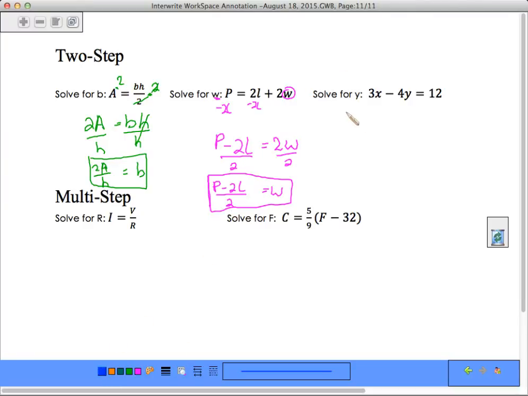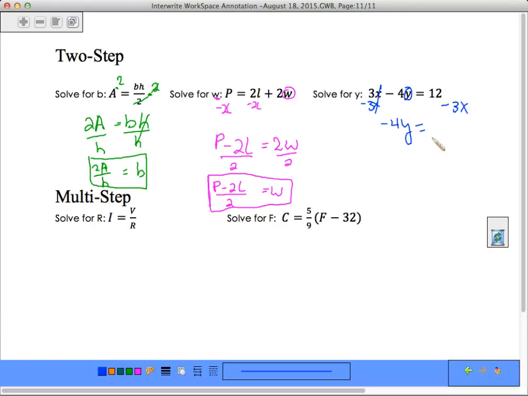All right, one more 2-step equation. We want to solve for y this time. Here's y right here. So I'm going to move this piece first. I have a positive 3x, so to move it, I'm going to subtract 3x. Whatever I do on one side, I do on the other. Gives me negative 4y equals, here these are not the same. They don't have the same variable.